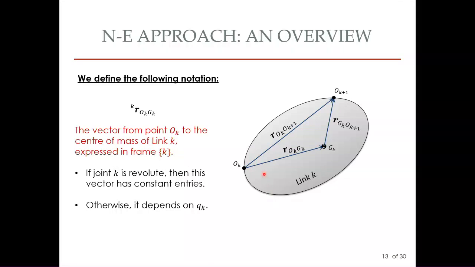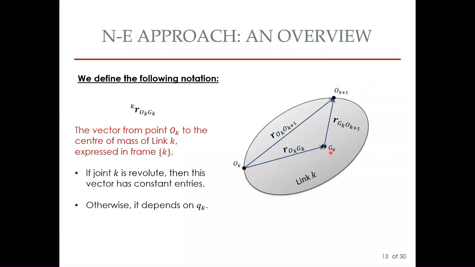And then I start defining some vectors that I will be using in this approach. So ROKGK, this vector from here to here. So this is OK, where we have connection to link K minus 1, and this is OK plus 1, where we have the connection between link K and link K plus 1.